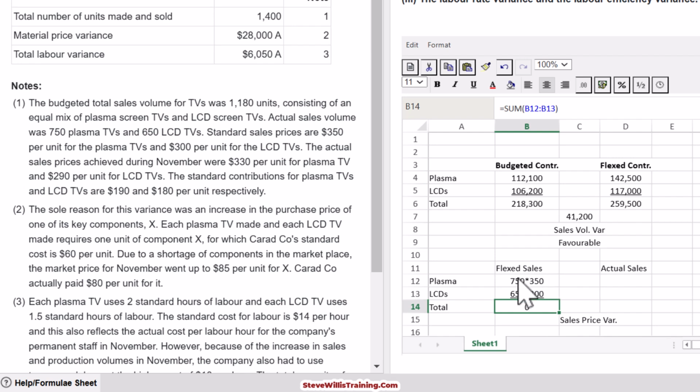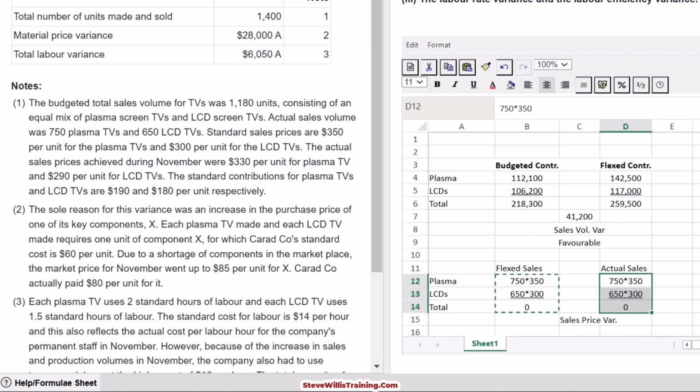And so the flexed sales, that answers the question, how much revenue should we earn when we sell this number of units? Now, I can copy that right over here, and I can change out those standard prices with the actual prices.